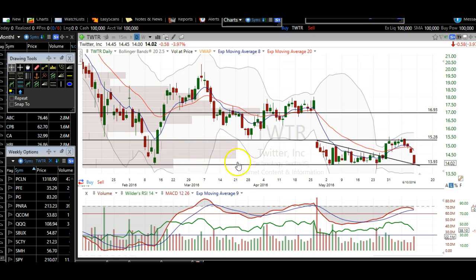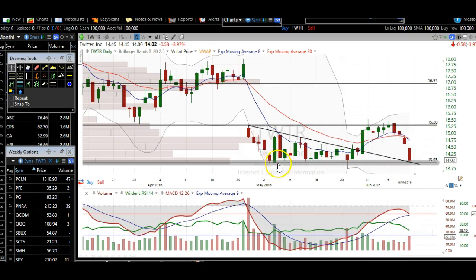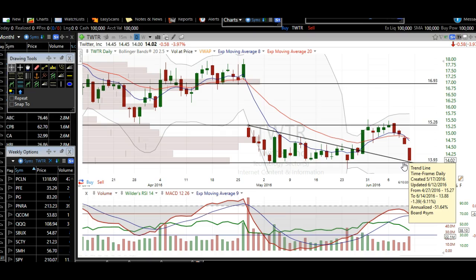We've got the low here, and then we've got 1, 2, 3, 4, 5, 6, 7 candles right here that were the lows of the day, right around just below $14. So this is a potential bounce zone here on Twitter, and I'm talking about very, very short term. If this breaks, we're going to be heading much, much lower on Twitter.